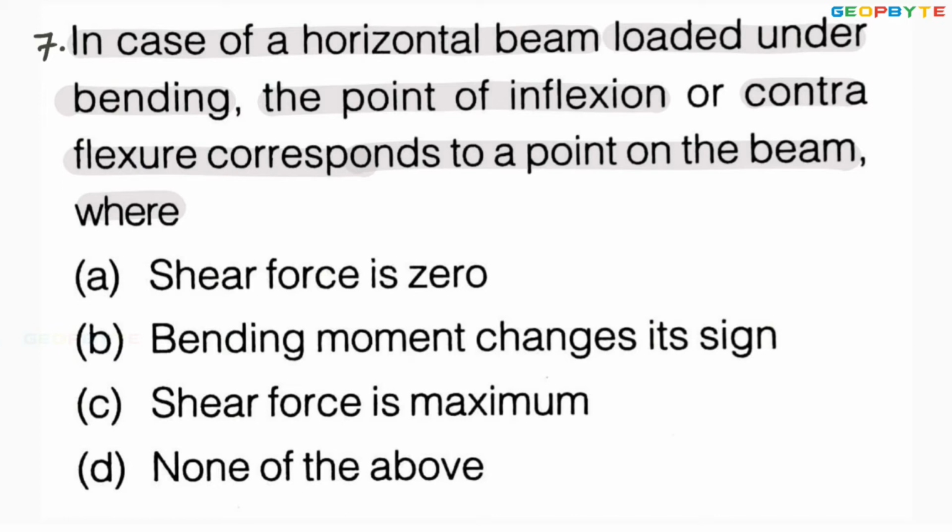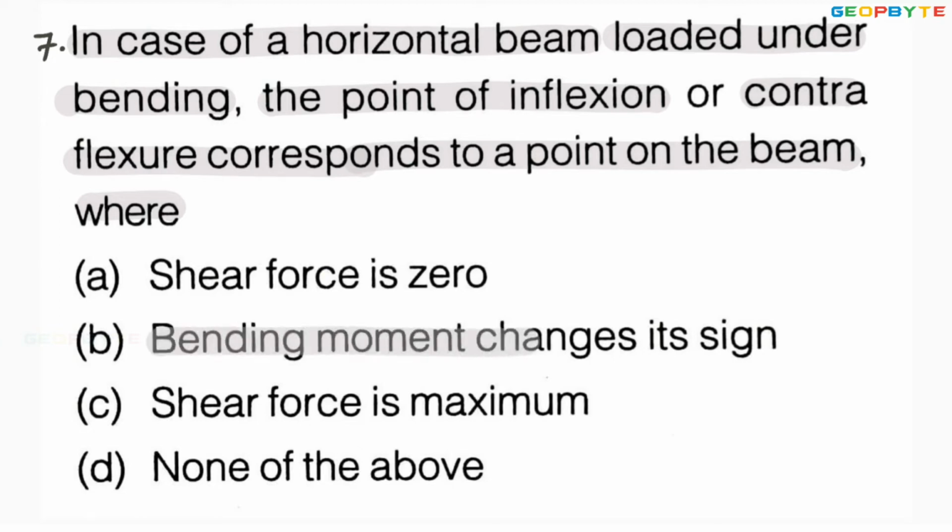It means at the point of contraflexure, the bending moment is 0. Once again, the point where the bending moment diagram changes its sign from positive to negative or negative to positive is called point of contraflexure, and in general, it occurs in the overhanging beam.